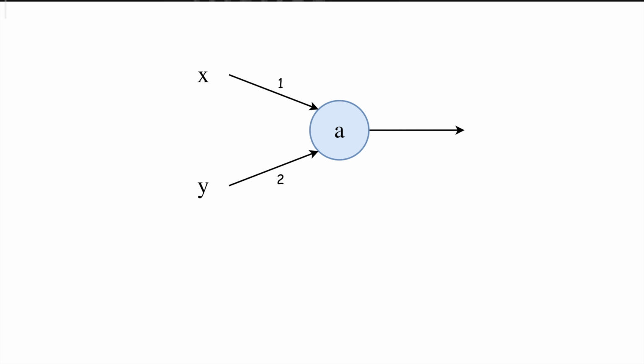Now we can see there are two inputs in this example, and we are going to find the value of neuron A. Since we have two inputs, we now also have their two corresponding weights, and we are interested in the value of neuron A. To do that, we need to apply the activation function to the neuron A. For simplicity, we change the notation of two inputs into x1 and x2.